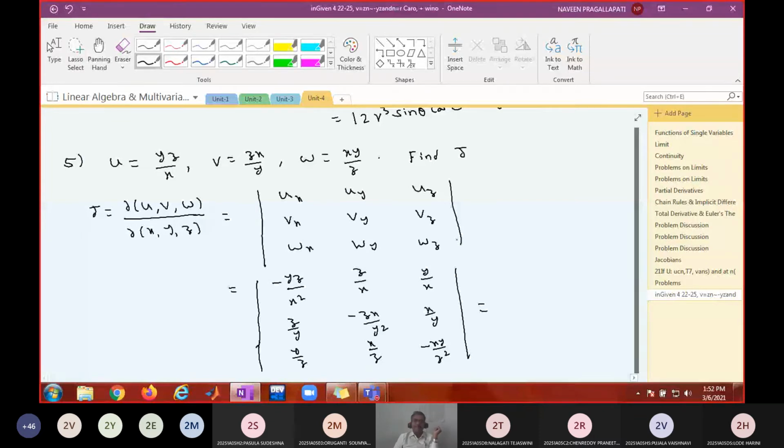Anyone simplify? 3, sir. No. So please check according to the book answer.